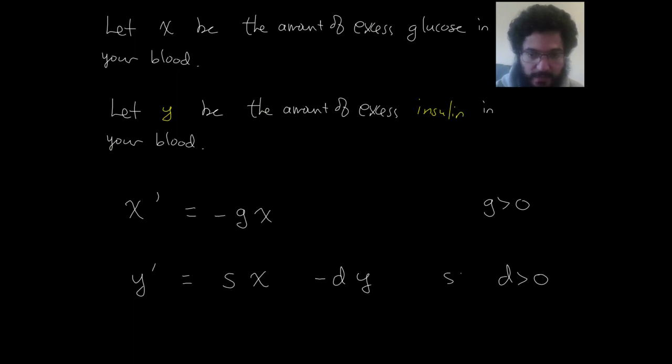So here, this is a positive constant. So the bigger x is, the bigger this contributes to y prime. So the assumption here, which is probably a very oversimplified assumption, is that if you double the amount of excess glucose at any given time, then you have doubled the rate of insulin production. So this is contributing to dy dt.